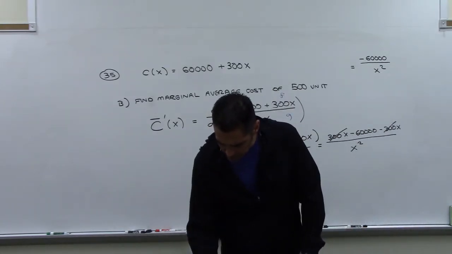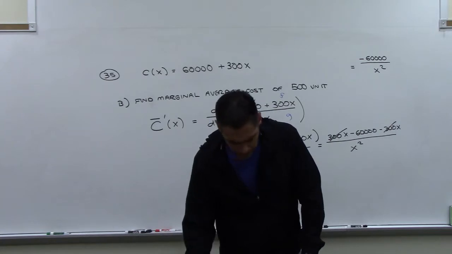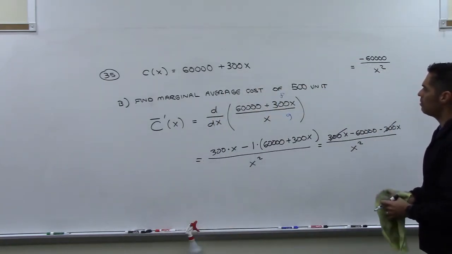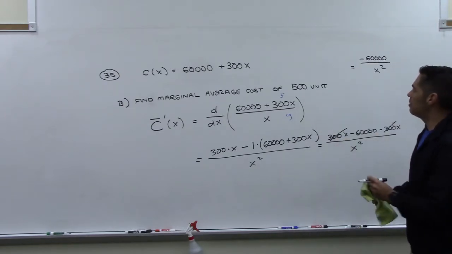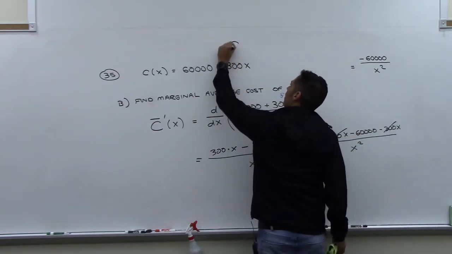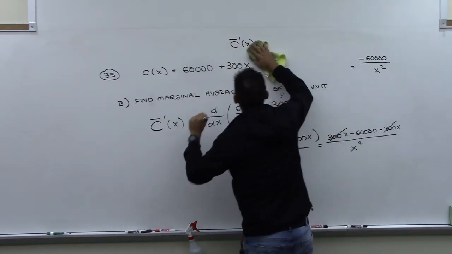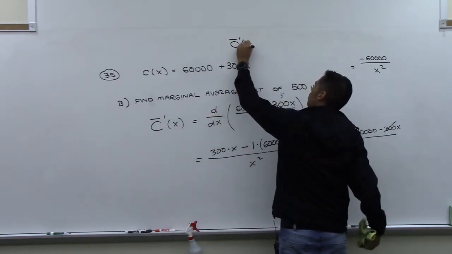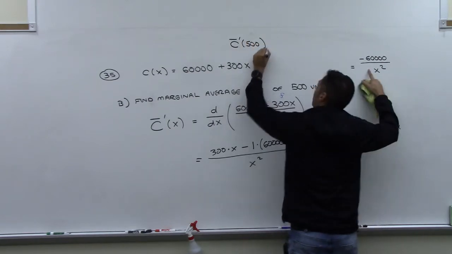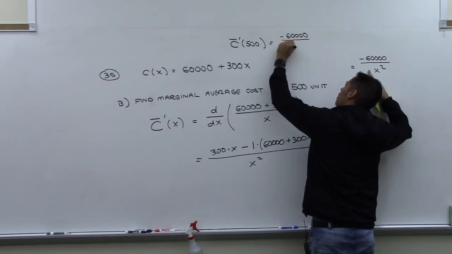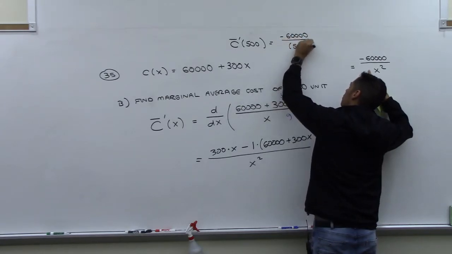Okay, so now the next step is to figure out what's happening at 500 units. So what is happening at 500 units means we need to take this marginal average cost function and replace x with 500. So I'm going to take negative 60,000 over 500, what's our x, squared.